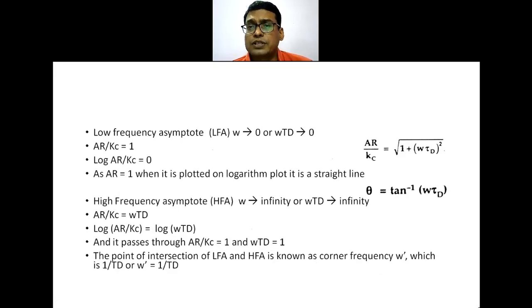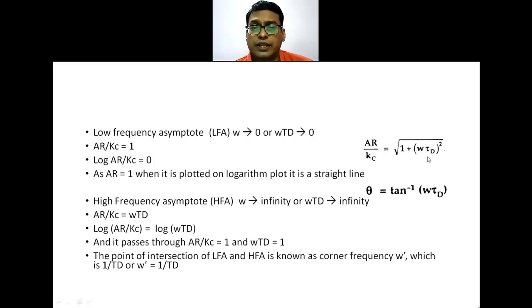Now what happens to the high frequency asymptote? That means omega has higher values, tending towards infinity. So omega tau d also tends towards infinity, that means very high values. So AR upon Kc is equal to omega tau d, since the 1 is negligible, and the square root of omega tau d squared becomes omega tau d.